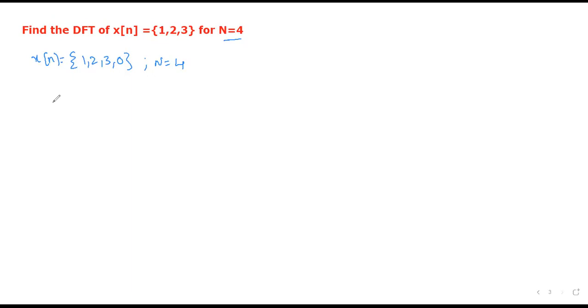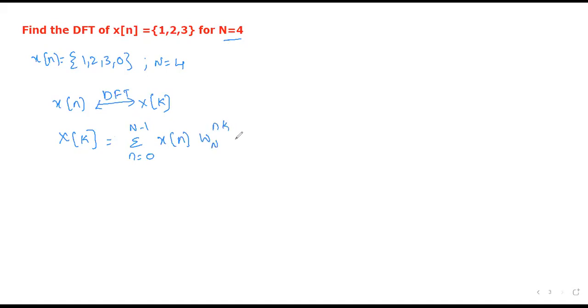So as we have discussed previously, if x of n has the DFT X of k, then X of k can be written as sigma n is equal to 0 to N minus 1, x of n into omega N power nk, where k is equal to 0 to N minus 1, right?